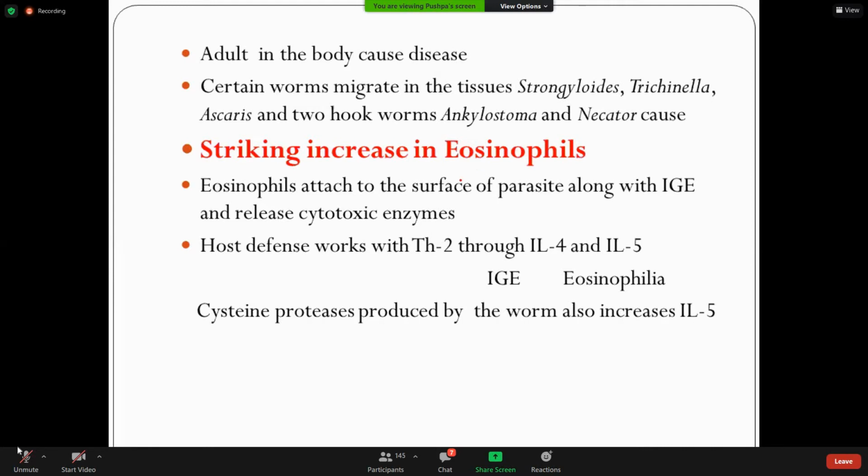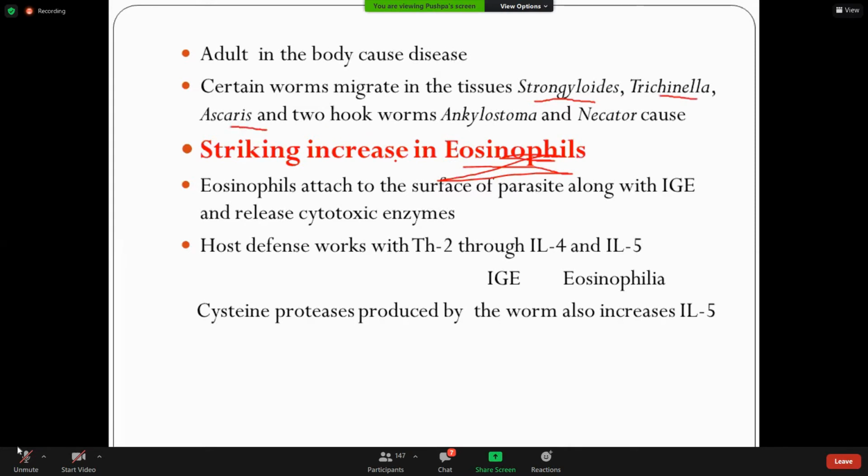So why is there an increase in eosinophils? When you ask the patient to bring their CP report or complete blood picture, or CBC, you will observe that the eosinophil number is strikingly high in these infections, like Strongyloides, Trichinella, Ascaris, and hookworm infection.